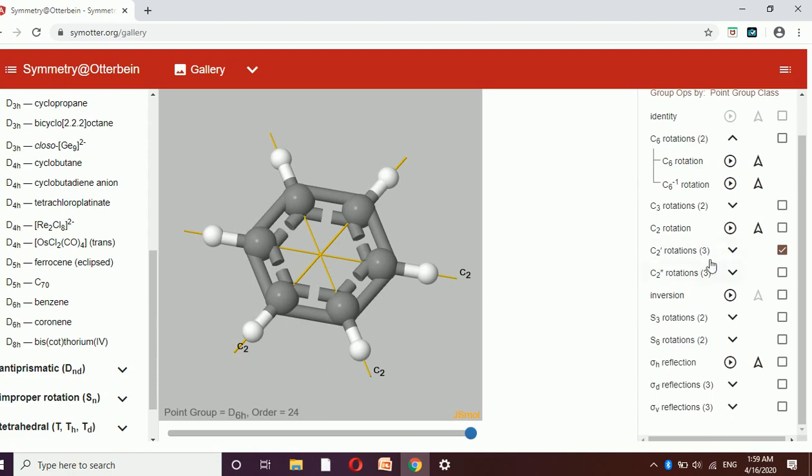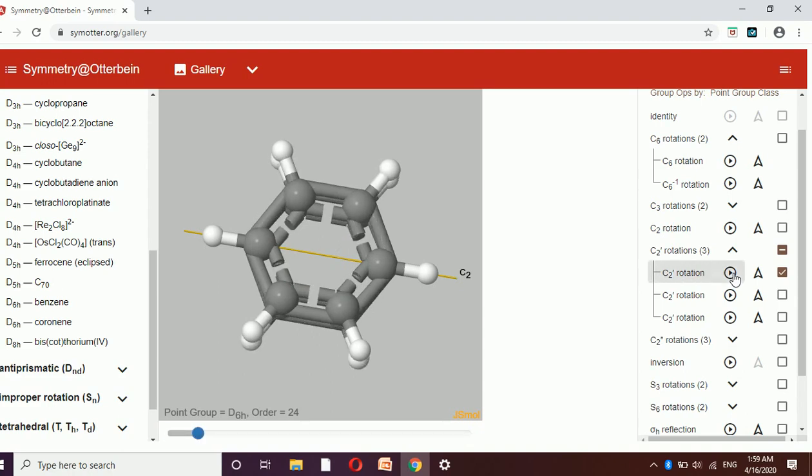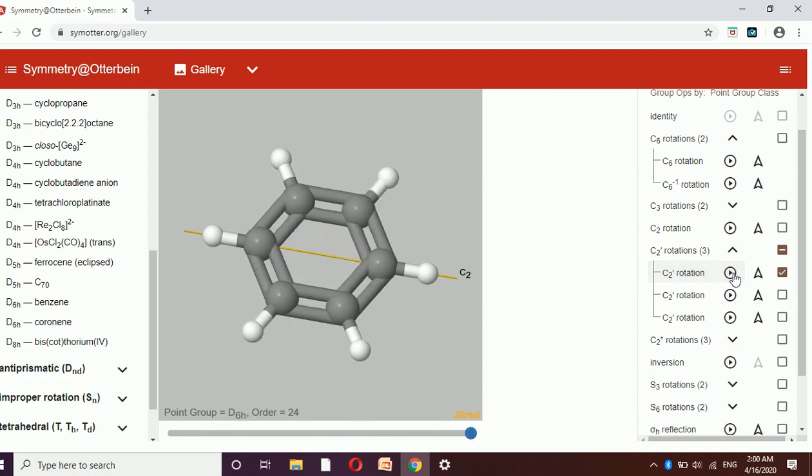If you rotate one of those, you see, this is the new image. So you have a C2 like that. In the same way, you have another 3 C2. You can also take another 3 C2.